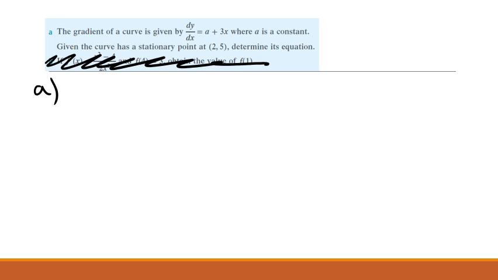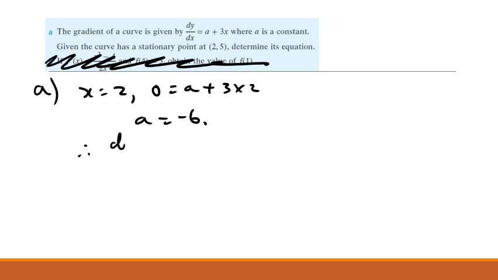So that means 0, we can sub x equals to 2 into the derivative. So we get 0 equals to a plus 3 times 2. So a is negative 6. So then the dy dx is negative 6 plus 3x. Then we integrate that.